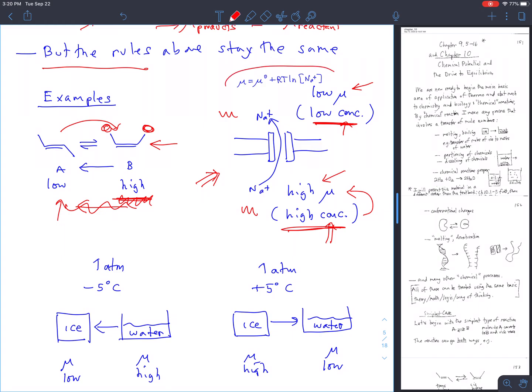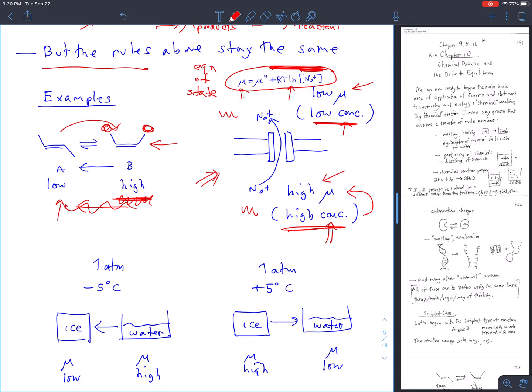So here's the formula. We've seen this before. This is our equation of state. We saw this earlier in Chapter 9. And you can see what it means, right? If this concentration goes up, well, the logarithm doesn't change the fact that this whole term goes up, and that means the chemical potential goes up.